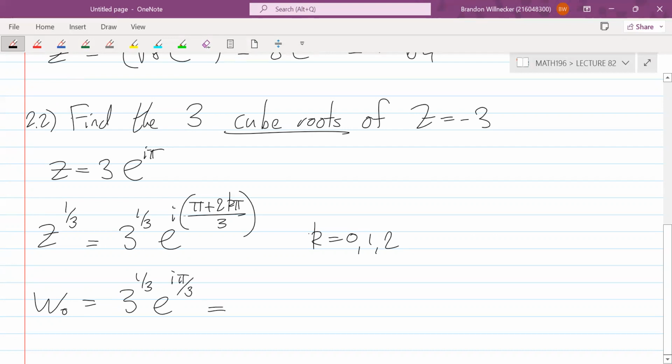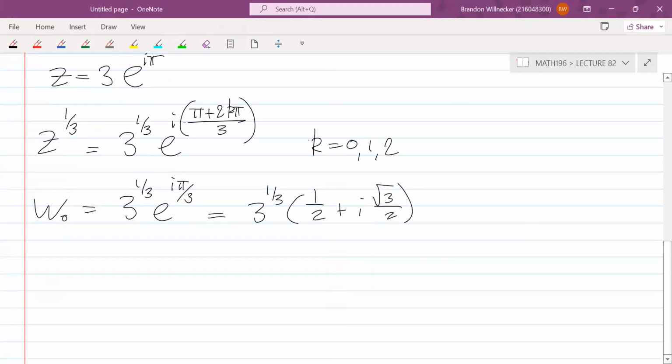Okay, and we can easily convert that into Cartesian form because we know what cos of π over 3 and sine of π over 3 are. So that's going to be 3 to the 1 over 3, times 1/2 plus i root 3 over 2. So that's just the Cartesian form of that root.